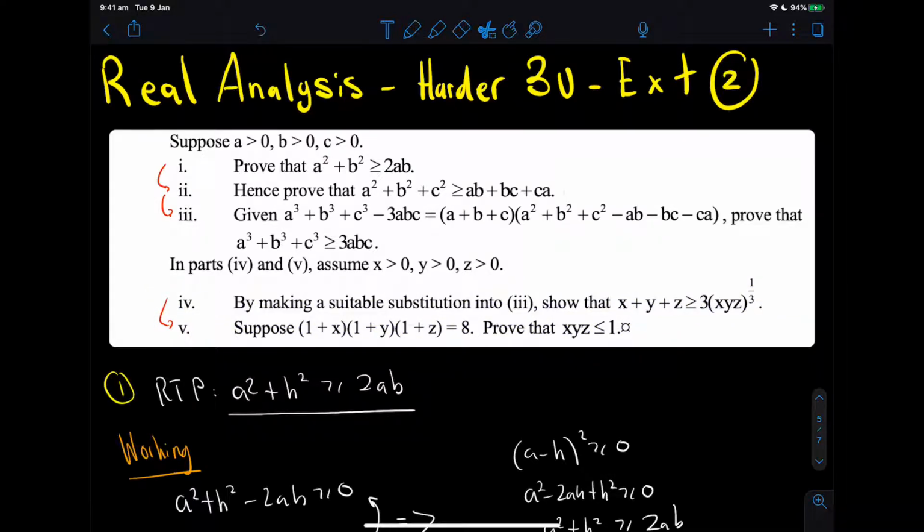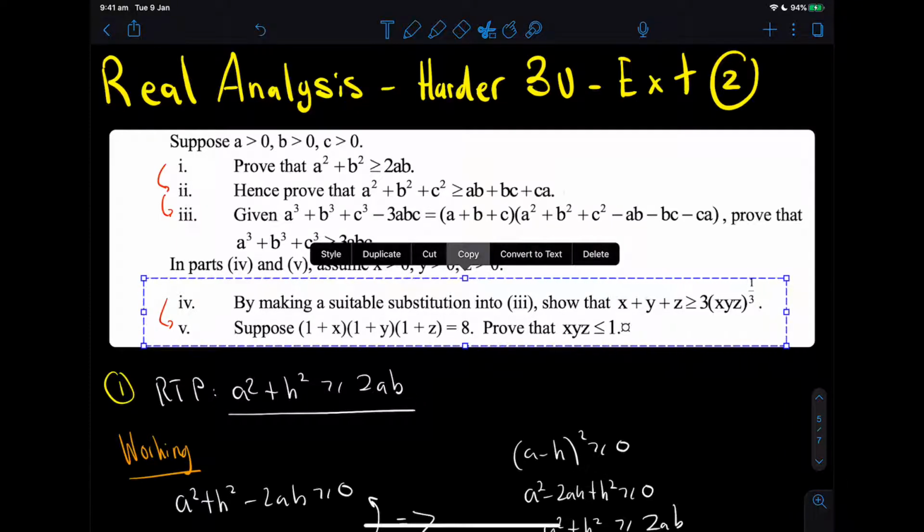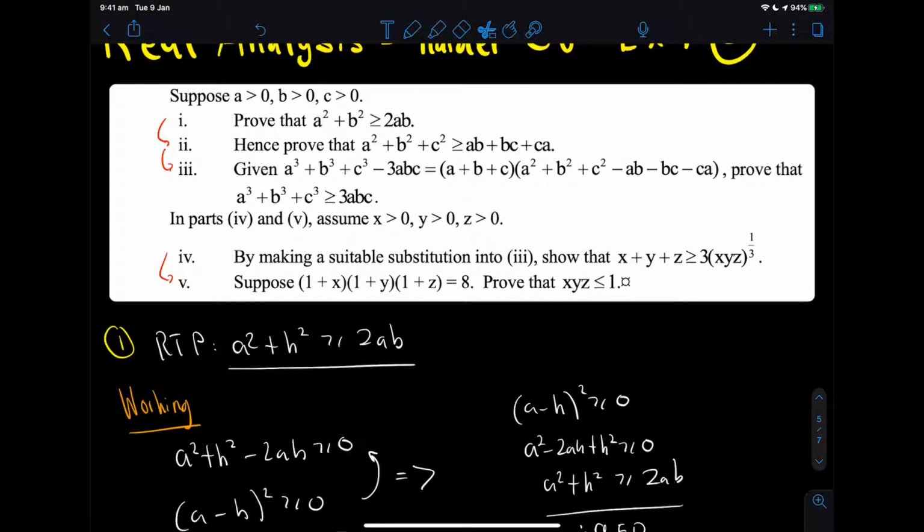Now we can look into parts 4 and 5, and we're required to prove something a little bit trickier here. If we look closely, it says by making a suitable substitution into what we got in part 3. So as you can see, it's the same trend as the previous question, and we're required to show that this expression holds.